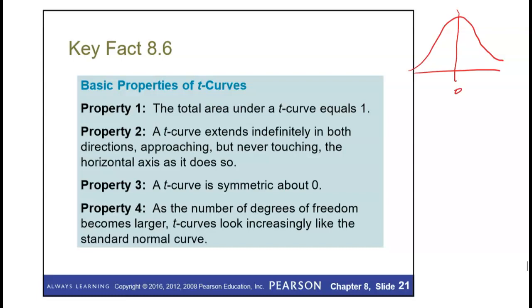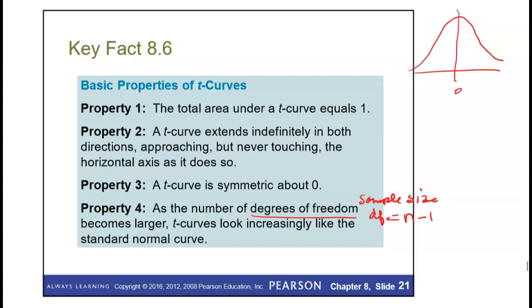But here's one major caveat. The t-curve depends on this new term called degrees of freedom. Degrees of freedom are related to sample size. In fact, for what we're doing in Chapter 8, when we're dealing with one population and looking at a mean, the degrees of freedom is simply equal to n minus 1.